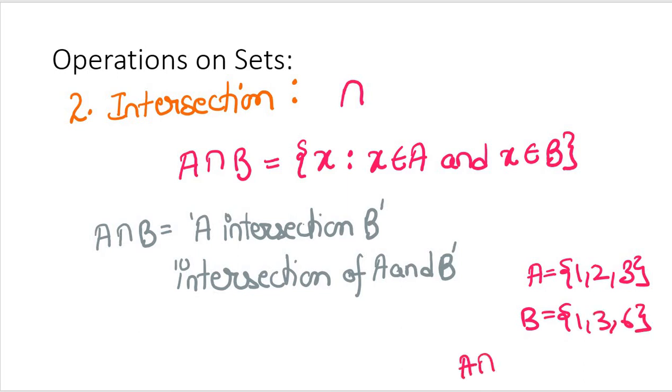So A intersection B will be 1, 3 only. So these two elements are the common ones, and those two elements are going to be part of the intersection of these two sets.